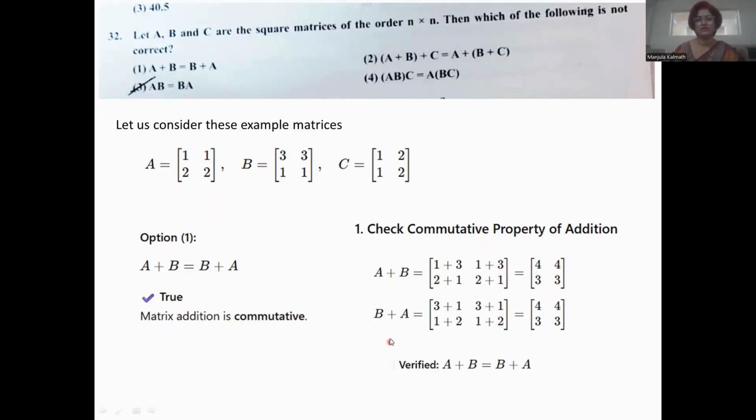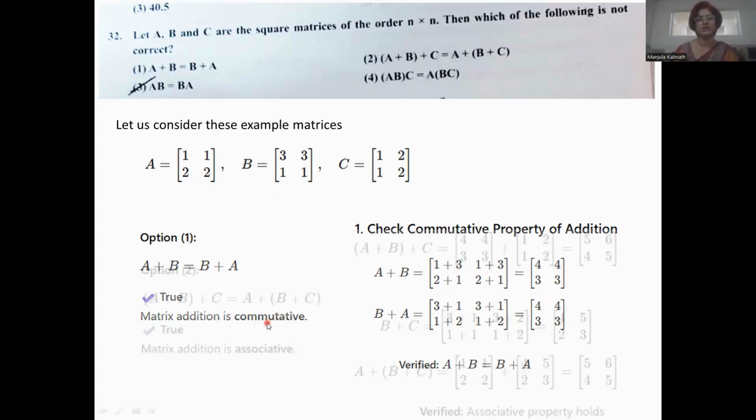Then next we have B plus A. We take this as the first matrix and add this one to it: 3 plus 1, 3 plus 1, 1 plus 2, 1 plus 2. The same 4, 4, 3, 3 comes. So both are the same matrices. A plus B equals B plus A, so the commutative property holds good for matrix addition.